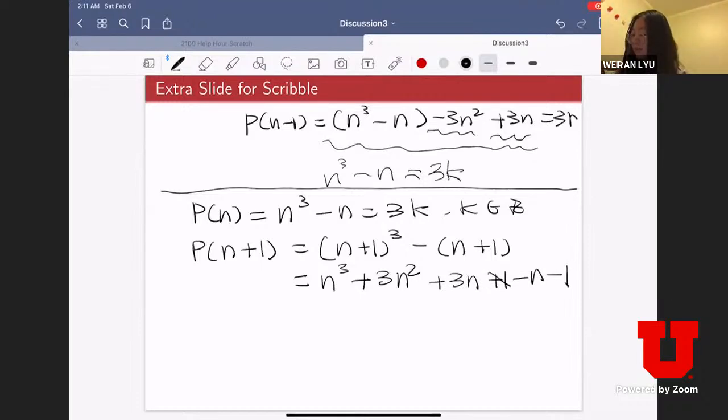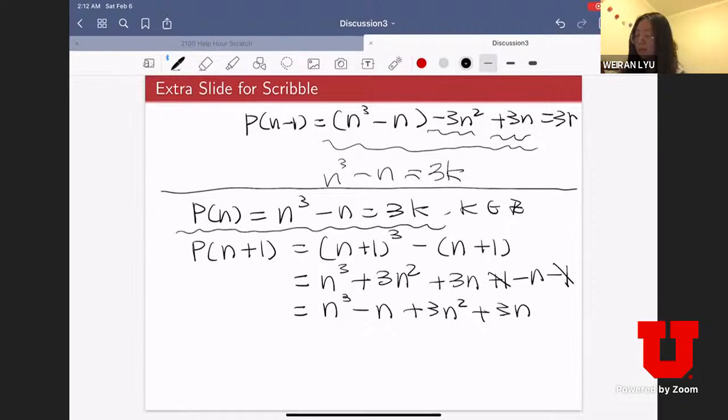You can cancel the plus 1 and minus 1. And again, you can group the n cubed minus n and plus 3n squared plus 3n. But right now, you can just directly use the fact that our hypothesis is true. Just by directly substituting that in, we know that n cubed minus n is just Pn, and that is equal to 3k.